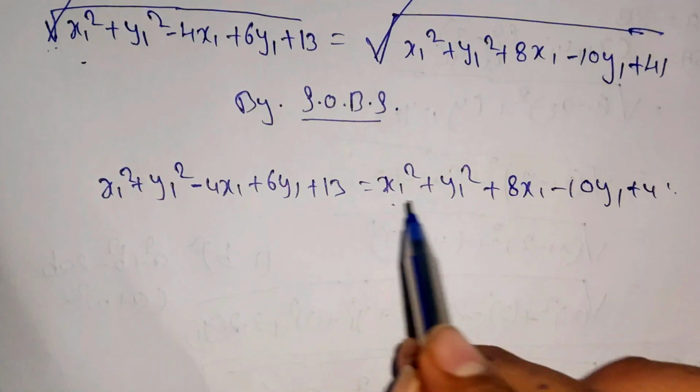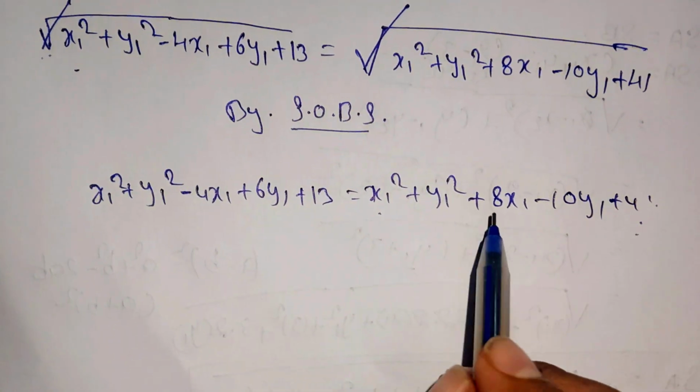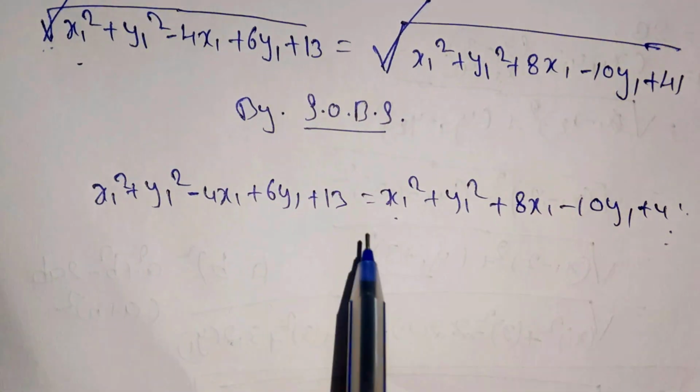So it's time to equate with 0. Now the right side of the equation overall comes to the left side of the equation.